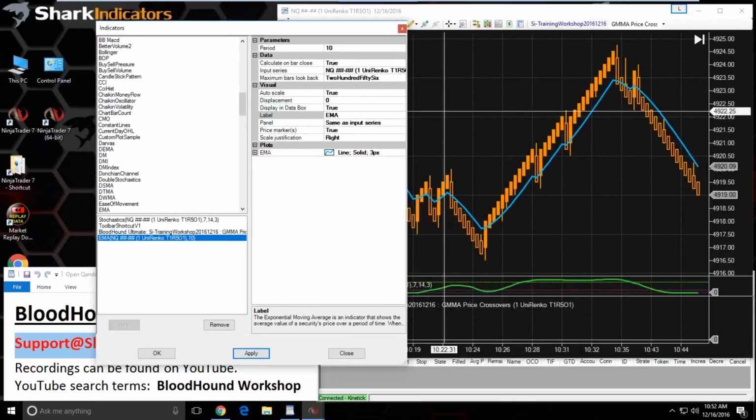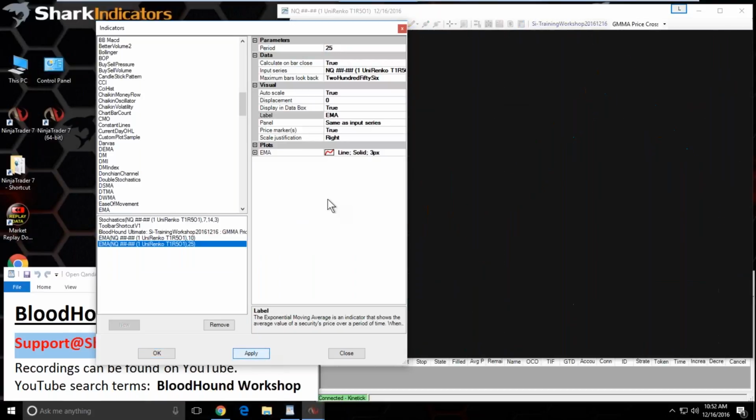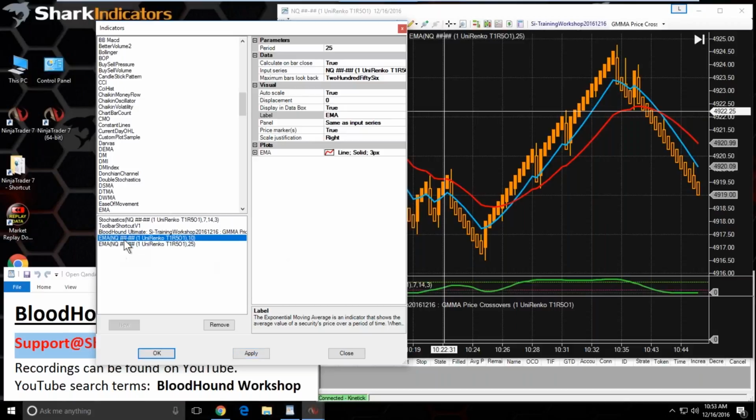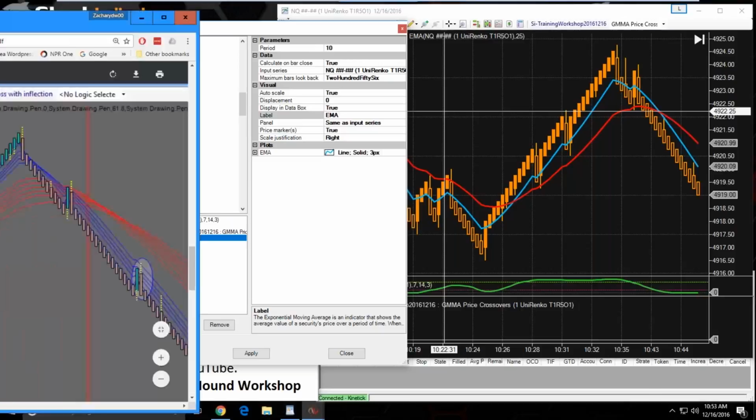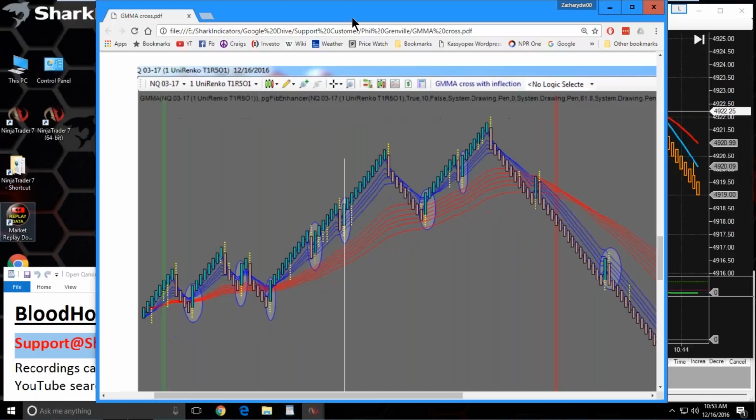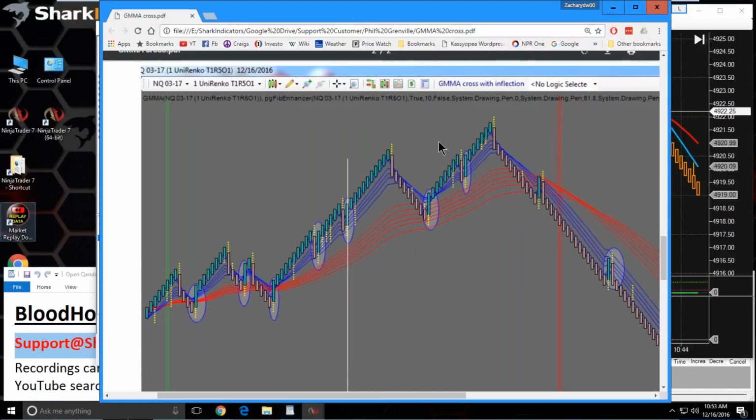And we'll make the 25 the red one. Yeah, it looks like the 10 isn't fast enough. One thing I need to know here, Phil, is, maybe it doesn't actually matter.